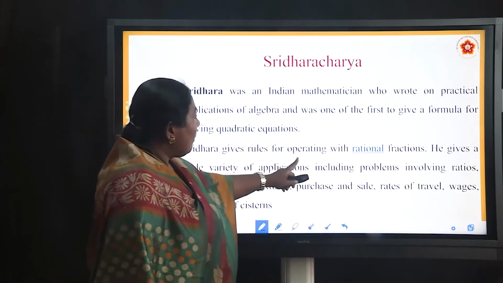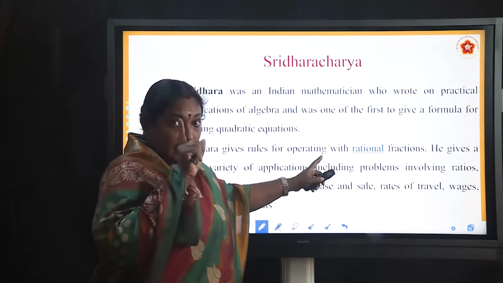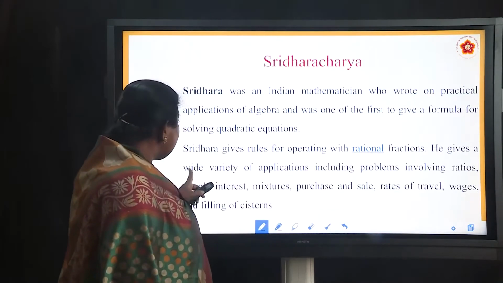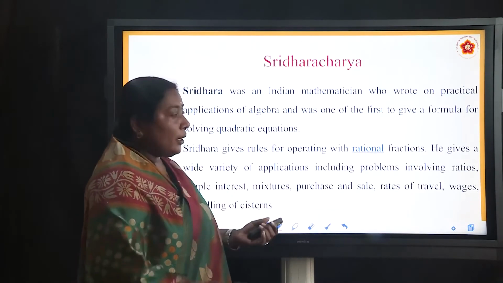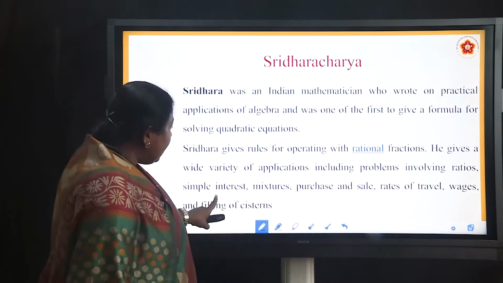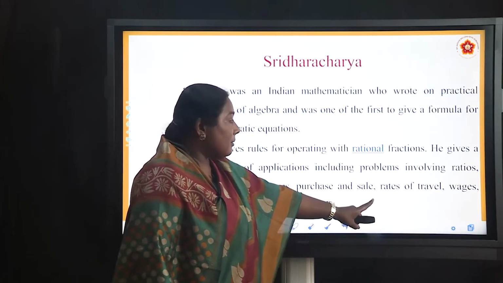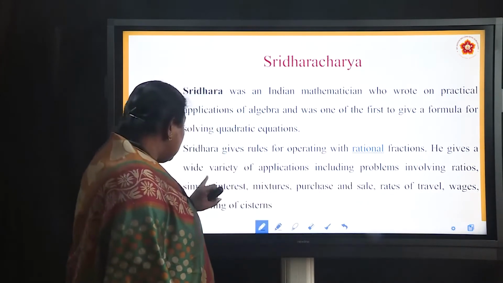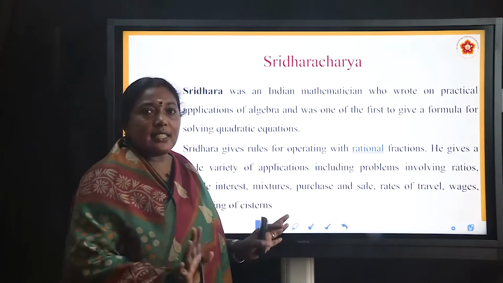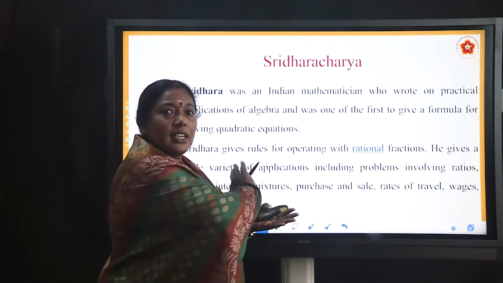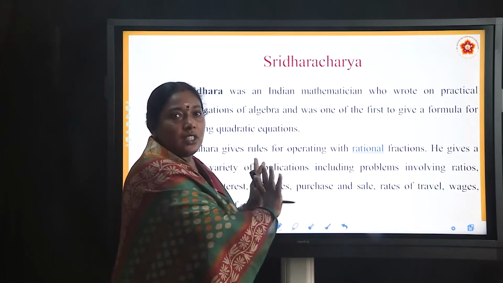Sridhara gives rules for operating with rational numbers. I told on the introduction itself, he gives a wide variety of applications including problems of ratios, simple interest, mixtures, purchase and sale, rates of travel, wages and filling of cisterns. So maximum is included, everything is given and introduced by Sridharacharya.